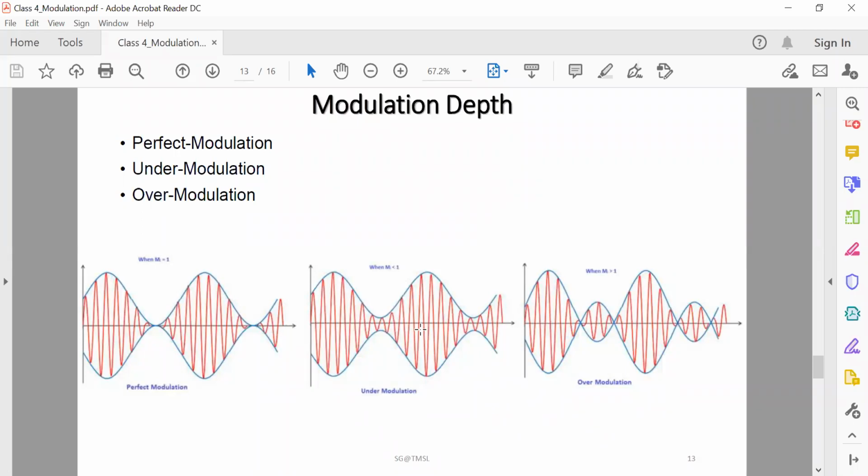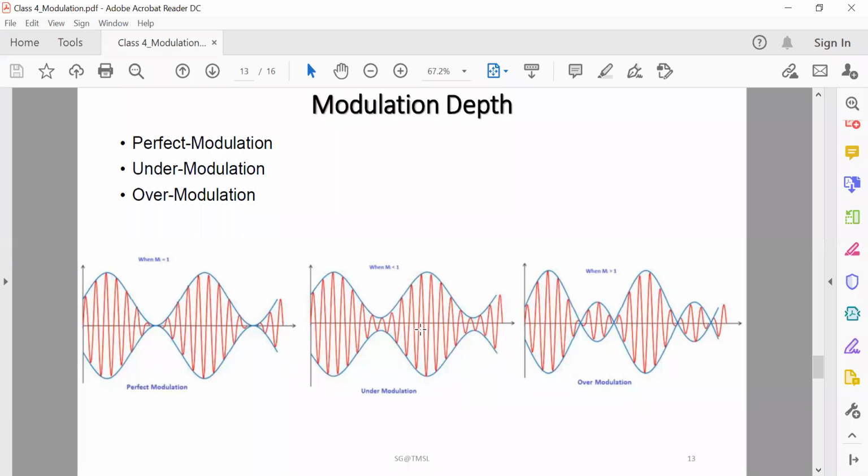Therefore the modulation index in this under modulation is less than 1, which is 0.5. So we can say that the modulation depth is less than 100% in this case. And the carrier level falls above 0. And again it causes no distortion.